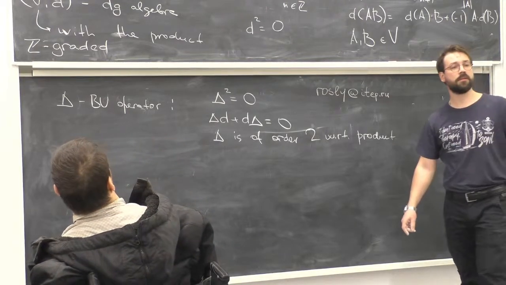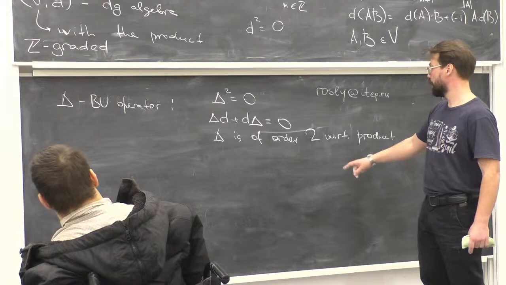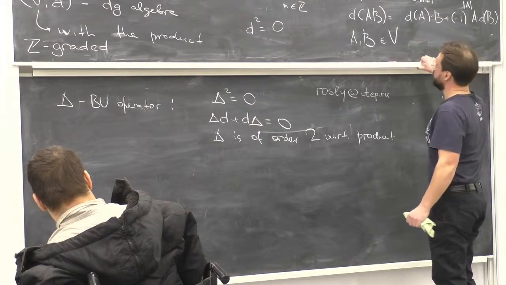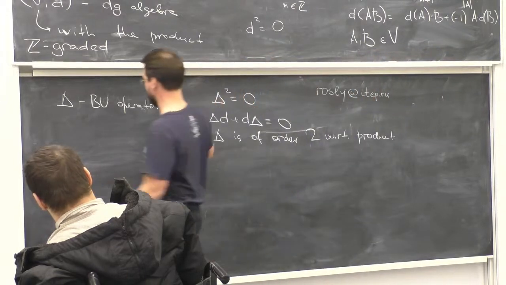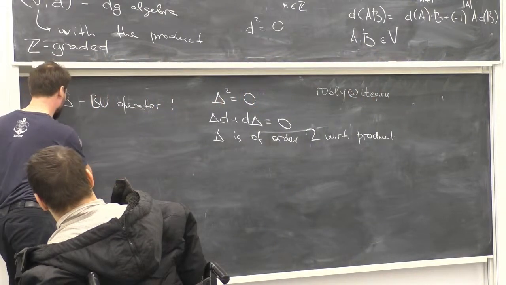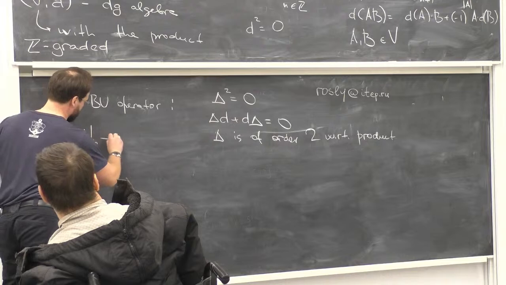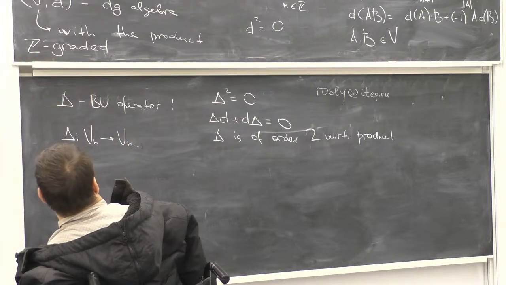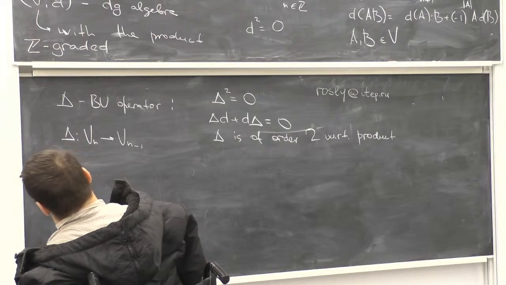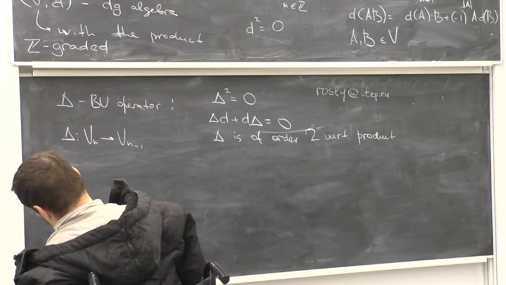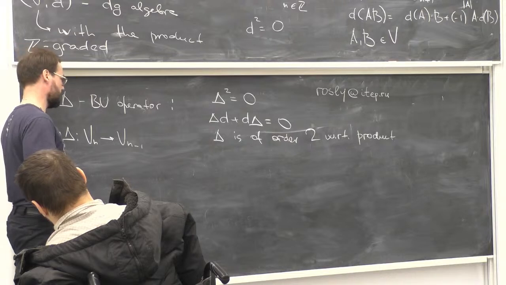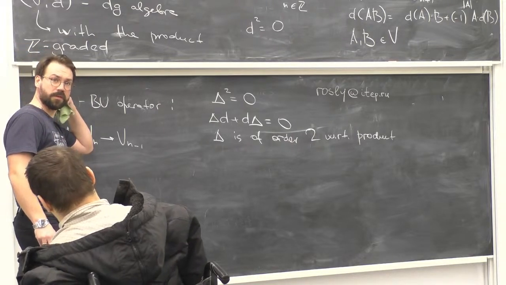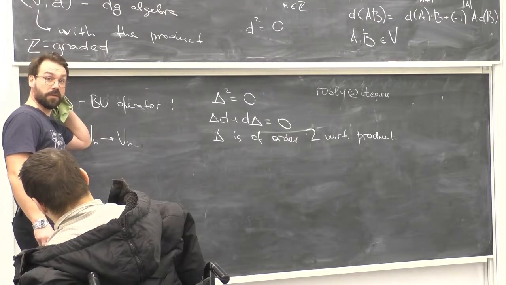What is the degree of delta? Delta lowers the degree by 1. So I think actually this condition is not that important.